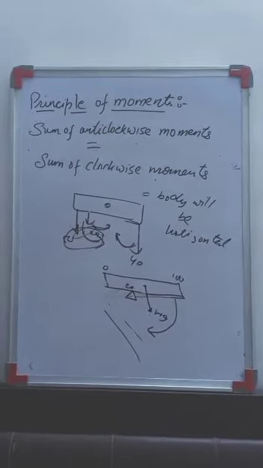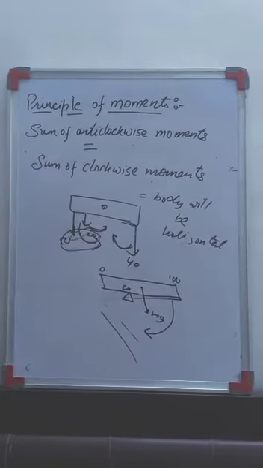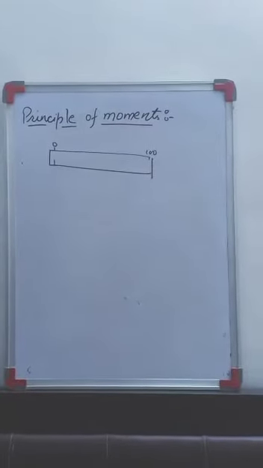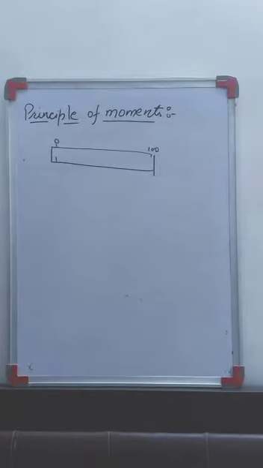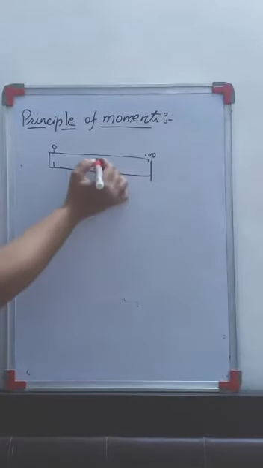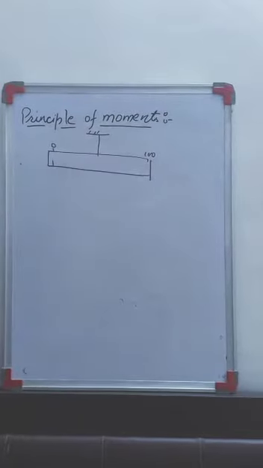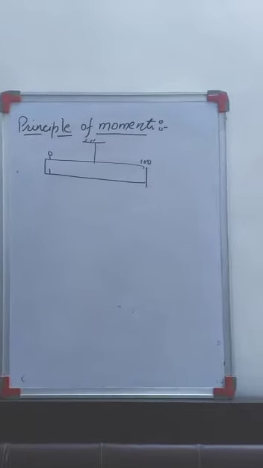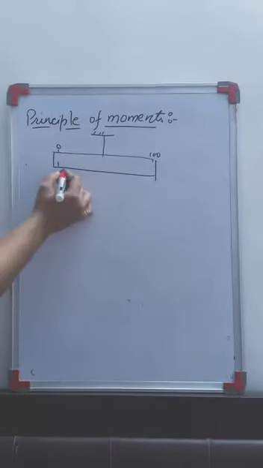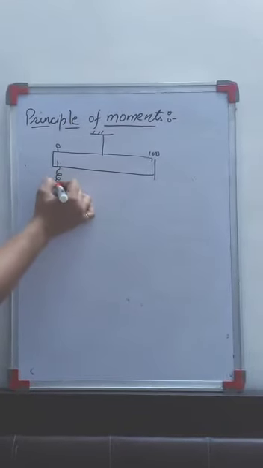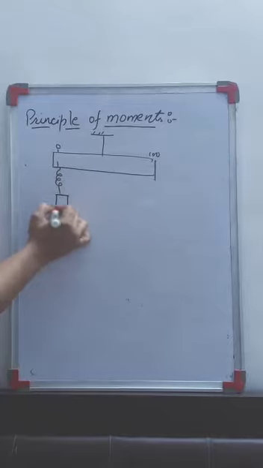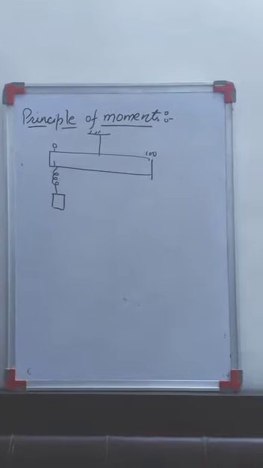Now let me take another example with the same scale. Now if the scale is suspended from the center, right, then what will happen? It will be horizontal, right? But now with the help of a spring balance, if I put a weight over here, then what will happen?